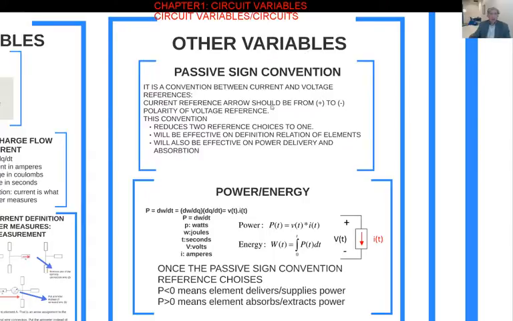The current reference arrow should be from plus to minus polarity of the voltage reference. So that means if you know the voltage reference of an element, you can choose your current reference according to that convention. How are you going to do it? You put an arrow starting from the plus, ending at minus.